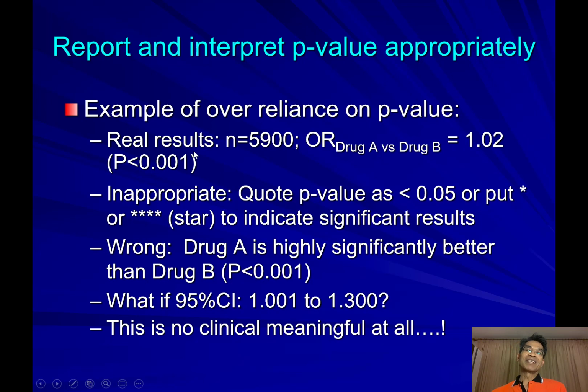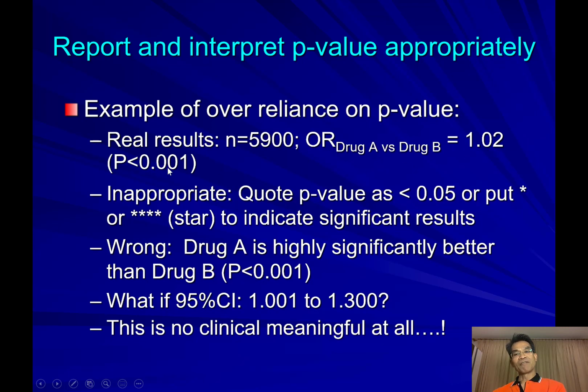For example, suppose the real results come from a very large sample size, and the odds ratio comparing treatment efficacy between drug A and drug B equals 1.02. A ratio of 1 is the same thing divided by the same thing. That means the efficacy of the drugs is almost the same.